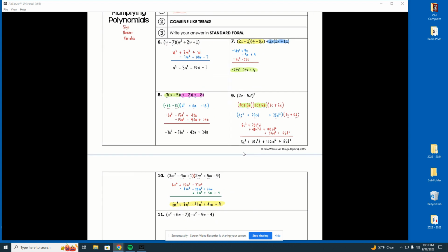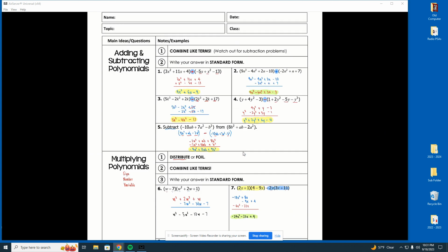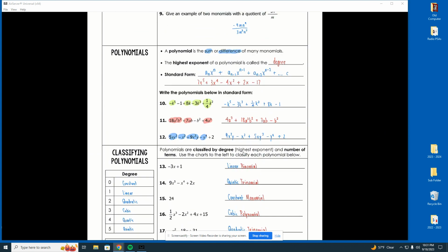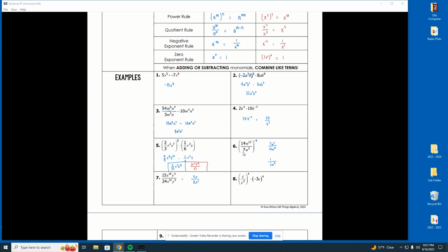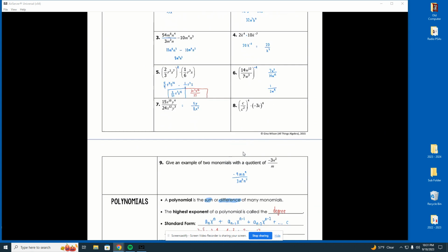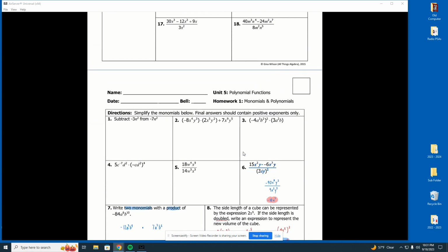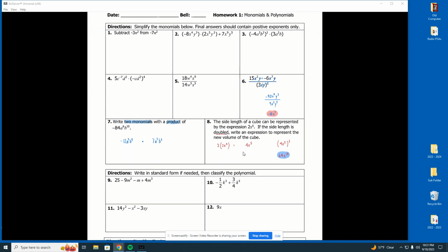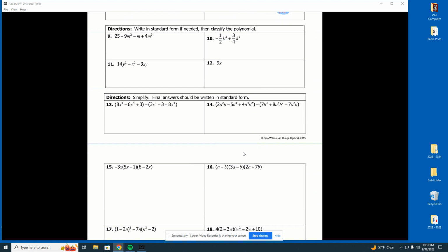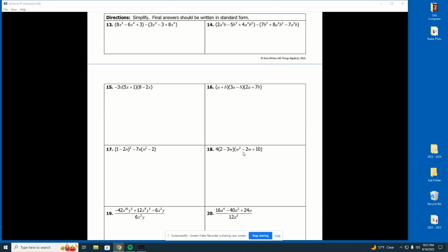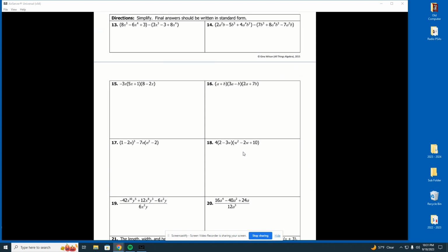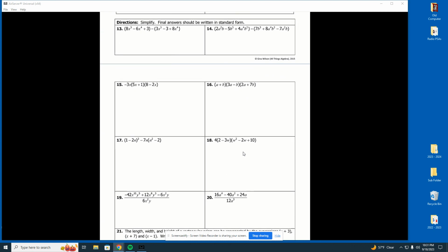So I want you to go back to a paper that has been your homework, not yesterday's paper, but the one that was your homework when we did the monomials. You did 1 through 8, then I gave you 9 through 12. Well, tonight I want you to finish this paper off doing numbers 13 through 20.